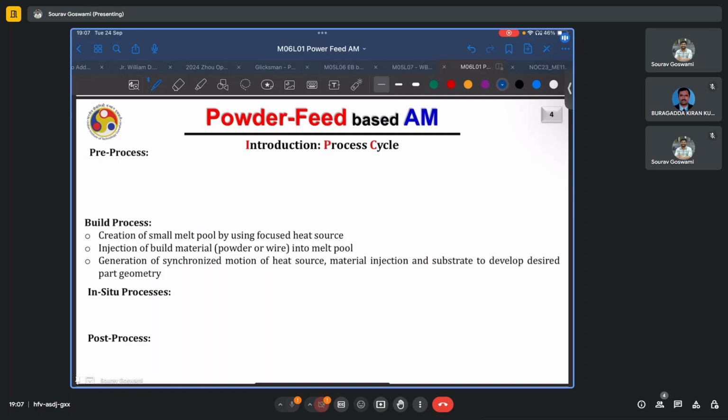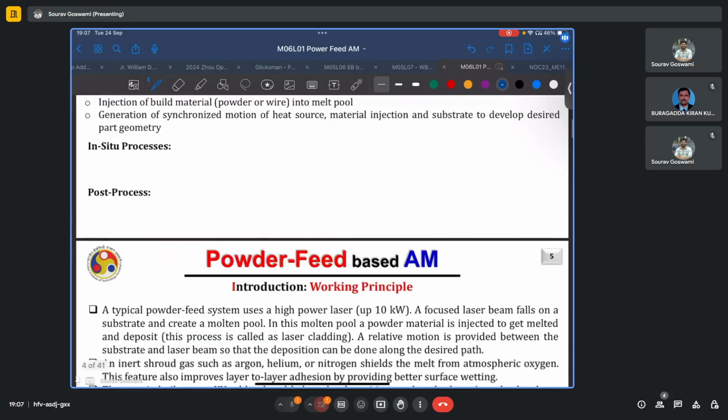The build process itself consists of the creation of a small melt pool by using a focused heat source on the surface, then injection of build material into this melt pool, and here we'll be talking about powders, then the generation of a synchronized motion of heat source, material injection, and substrate to develop the desired part geometry.